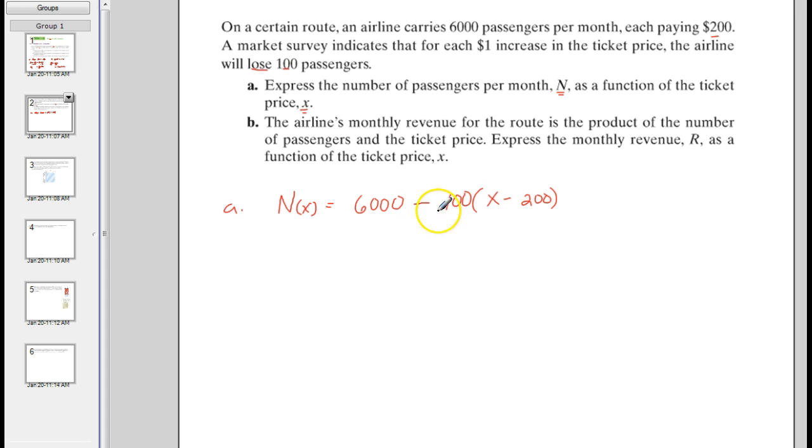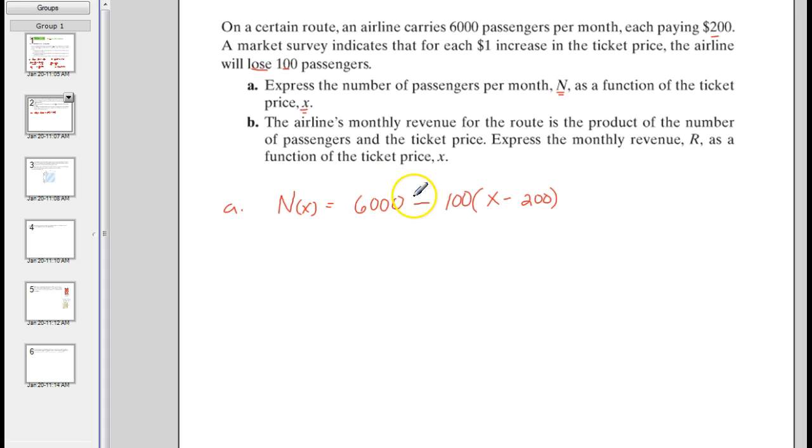We would actually add customers rather than lose them. Okay, so it's fine as long as you have this set up the right way. It has to be X minus 200 rather than 200 minus X, because we do want this to be positive when the price goes up, so it decreases, and then it would be negative if the price went down, so the number of passengers would increase.